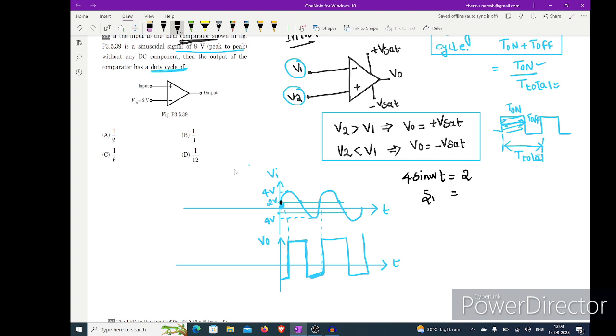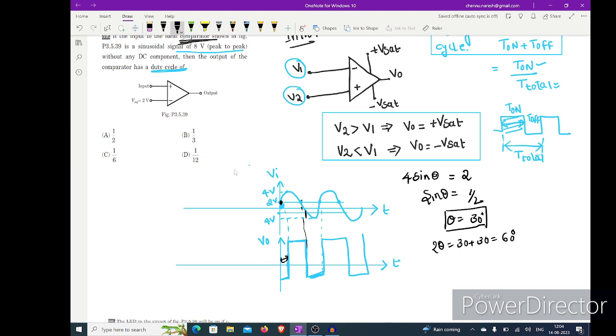I will take this as theta. So sin theta equals 1 by 2, so theta equals 30 degrees. So this angle is 30 degrees, and whenever it comes here, this is also 30 degrees. So the total is 30 plus 30, that is 2 theta, so we have 60 degrees.